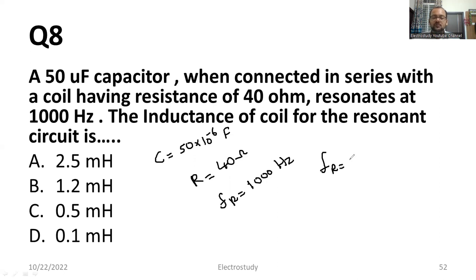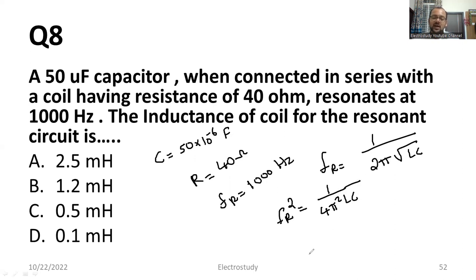FR equal to 1 divided by 2 pi into square root of LC. If you square it, FR square equals 1 by 4 pi square into LC. So you can calculate L by substituting FR equal to 1000 and C equal to 50 into 10 to the power minus 6 farad.